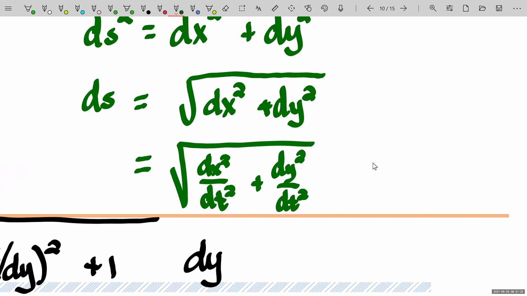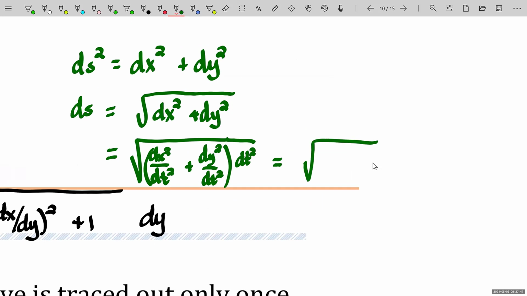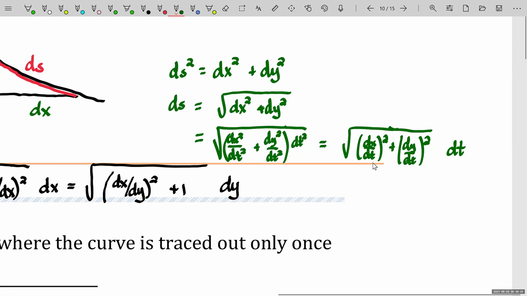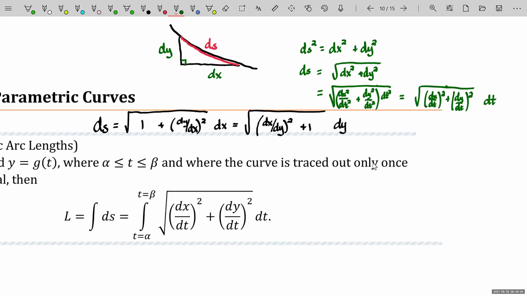Obviously, that division by dt squared was not originally there, so you'd have to offset that by a multiplication by dt squared, which, when you factor that out of the radical, becomes the square root of (dx/dt) squared plus (dy/dt) squared, and then a dt. And that's ds for parametrics.